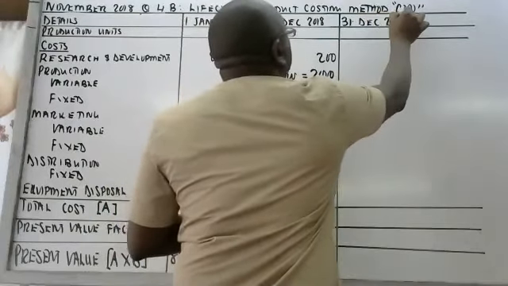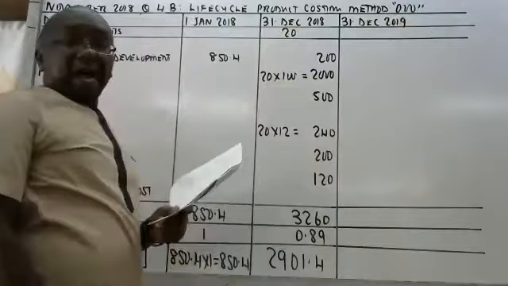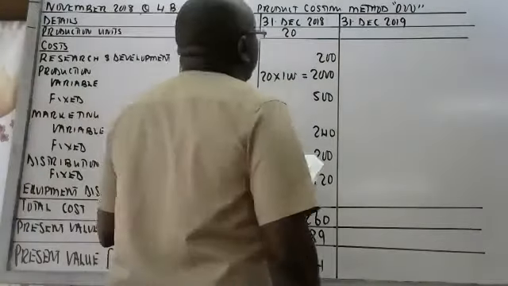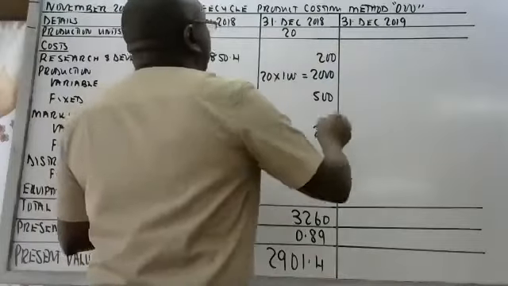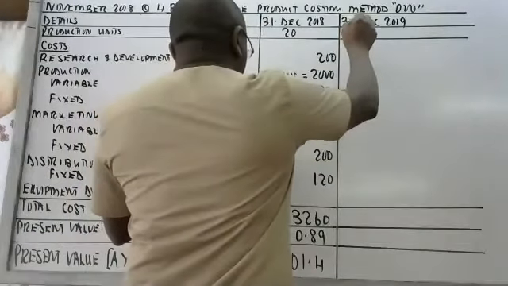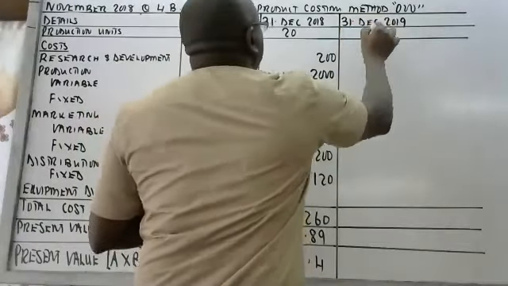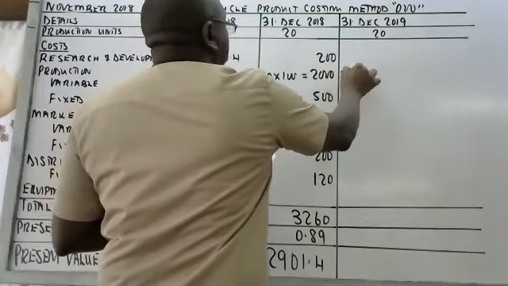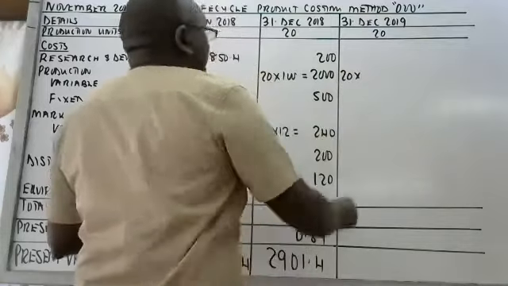I proceed now to the 1st of December 2019. So I first of all go to the units. The units, I'm told they are 20 also. So starting with the variable, it will be 20 times 80.